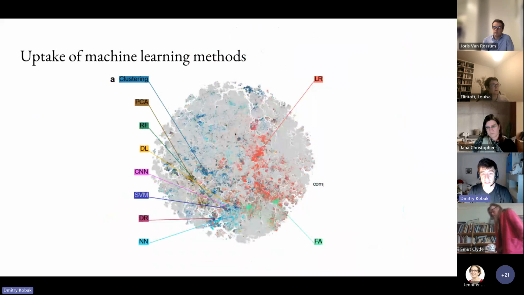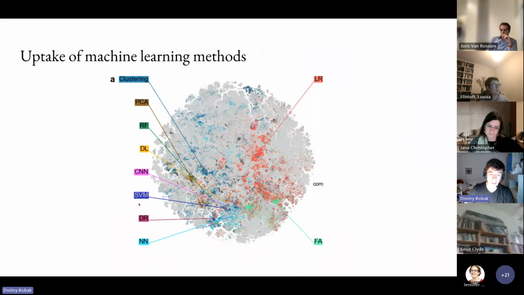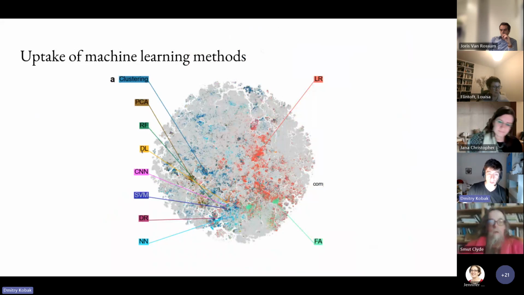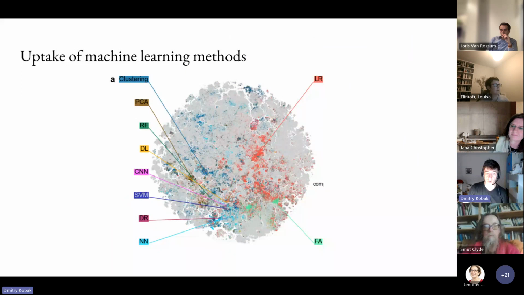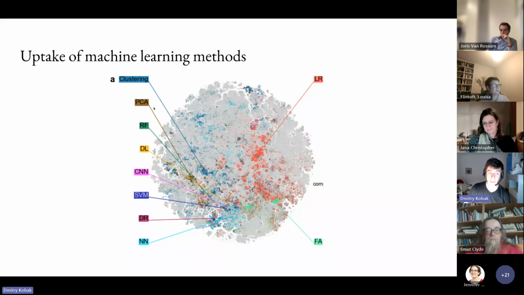For example, we can study things like uptake of machine learning methods in different parts of the biomedical literature. We were interested in that because we're interested in machine learning. So maybe I want to know where principal component analysis is used, or where support vector machines or deep learning is used. Then we can look for mentions of PCA in the abstracts, and color this embedding by whether the abstract mentions PCA or not.